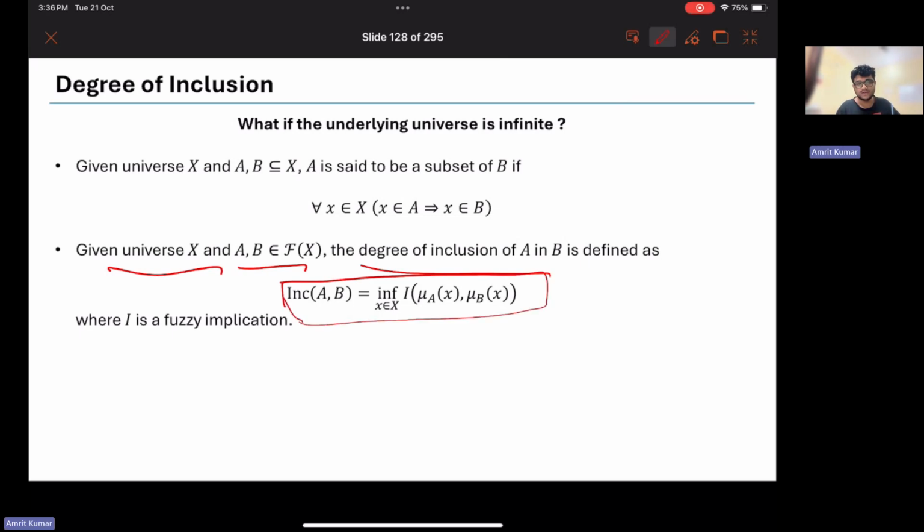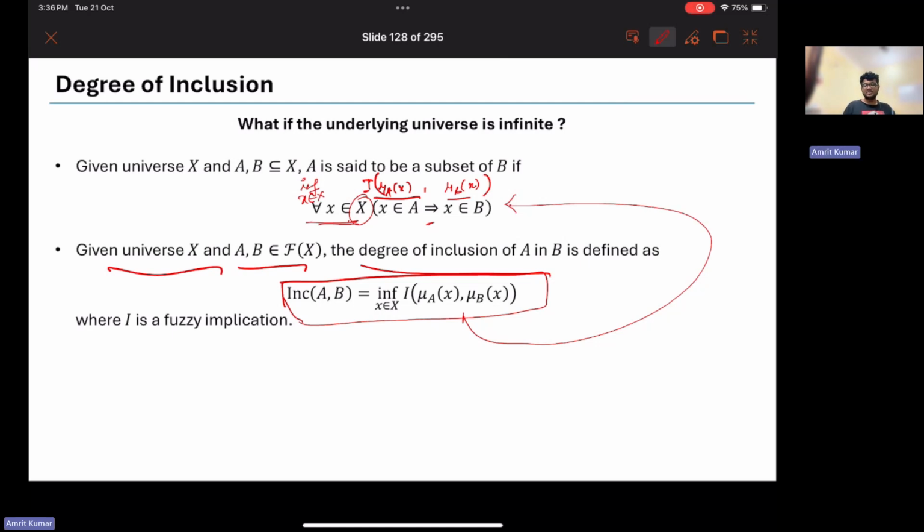Now take a moment to recognize that this is nothing but fuzzification of this. x belongs to A becomes mu_A(x), x belongs to B becomes mu_B(x). You have an implication here, so you put a fuzzy implication I, and then you have universal quantification, so that becomes infimum, and the domain of quantification is X. So you have infimum over X, right?